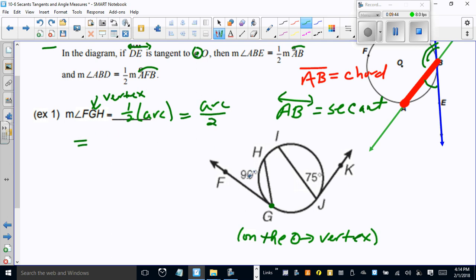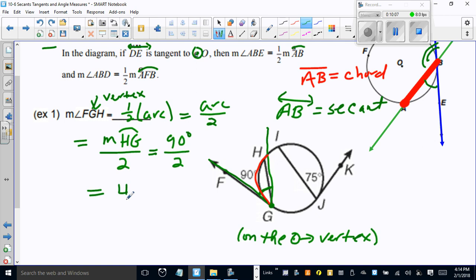So since it's angle FGH, that's this angle right here, we're going to be talking about this part of the circle, which is HG. So therefore, it is the measure of arc HG divided by 2. So it's 90 degrees divided by 2, which is 45 degrees. Okay?